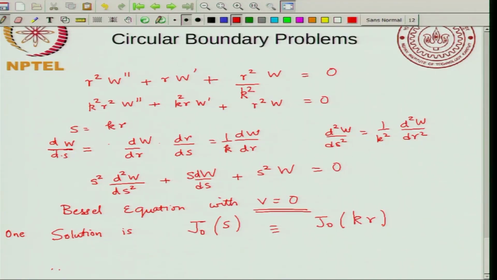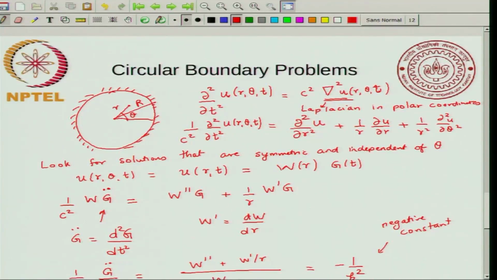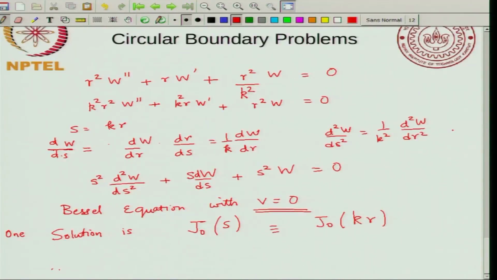This solution appears naturally in circular boundary problems. All that we had was s square d square w by ds square, s dw by ds, and this third term. Even if we had started with a problem that had a theta dependence, you would just get an additional term, but you would still be able to express it in terms of Bessel functions.